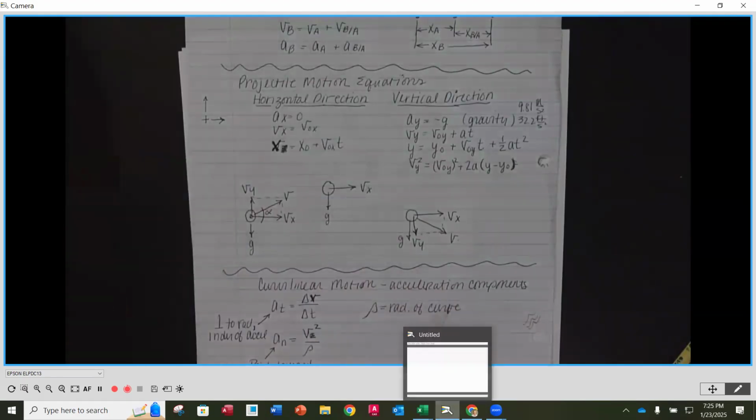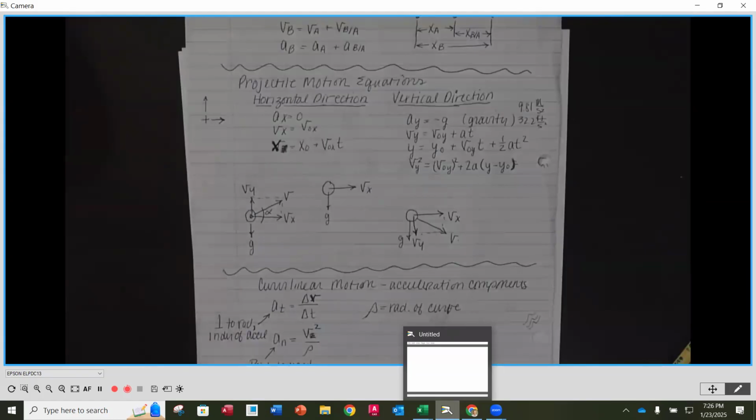Okay, so we are going to be doing sample problem 1110 to use the relationships that we just looked at and apply them to a projectile type of problem. Just want to leave this up in case anybody is marking that down.